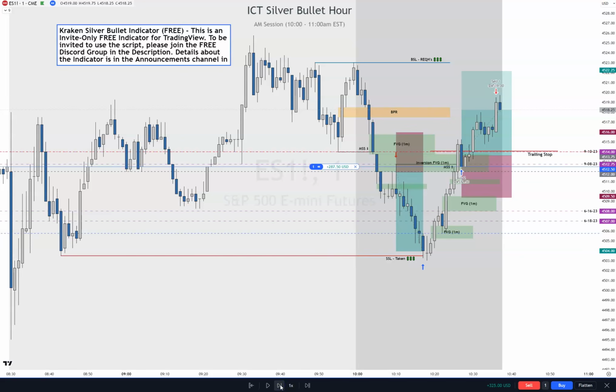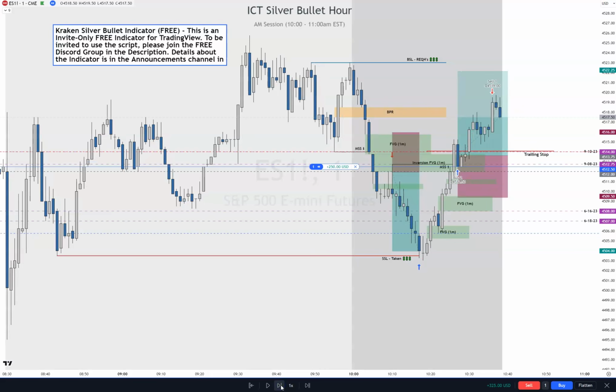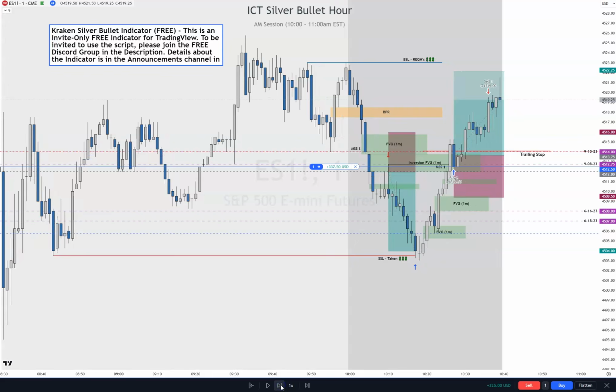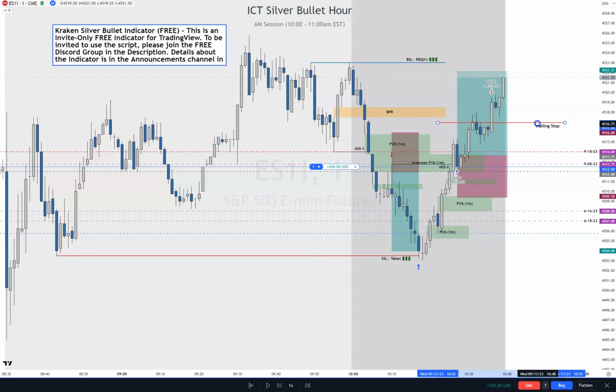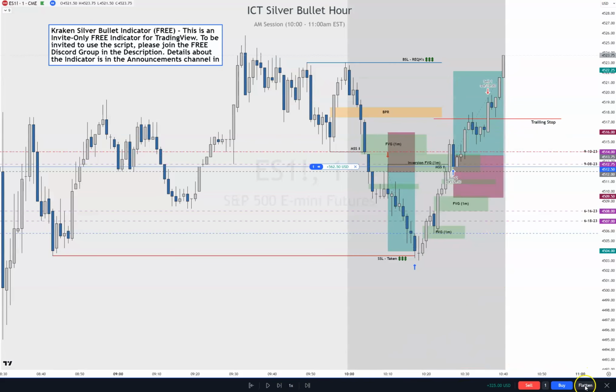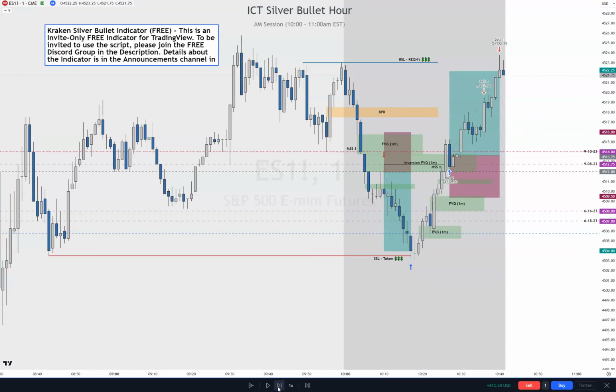All right, so let's see if I get stopped out or not. Okay. All right, so right there, when it's that close, I'm trailing my stop right up to this one. Okay, right there, we flatten that, which ended right about where we want it.